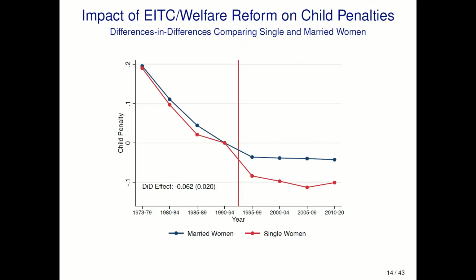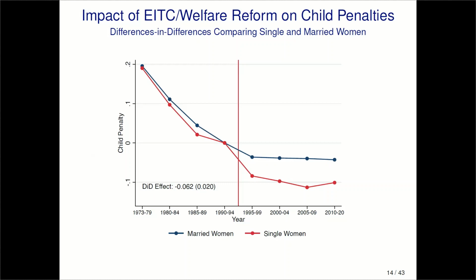That's the child penalty. I'm plotting that child penalty over time, and the degree to which that happens falls from before welfare reform to after welfare reform, compared to how much it's falling for married women who are untreated by the reform.